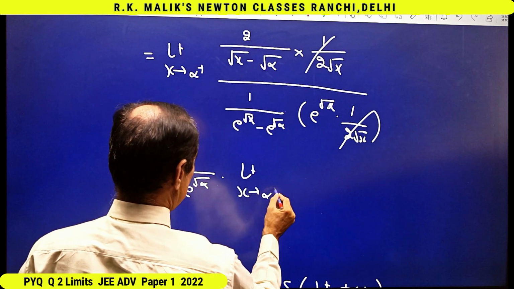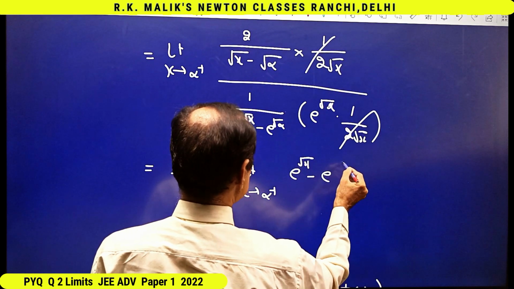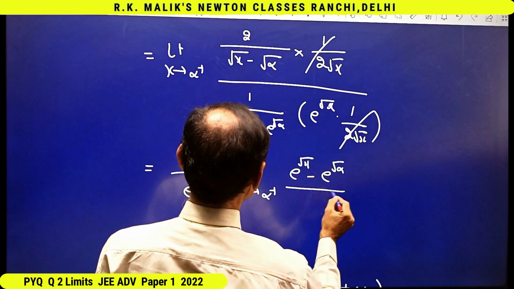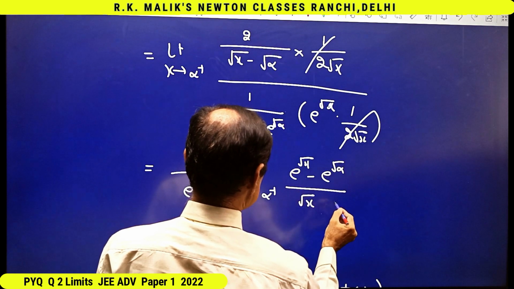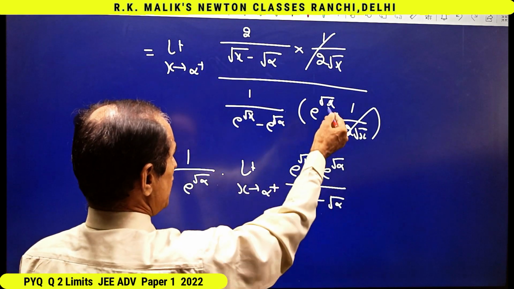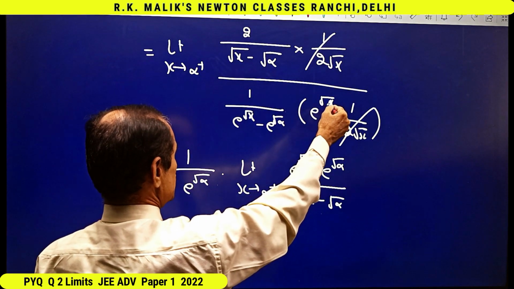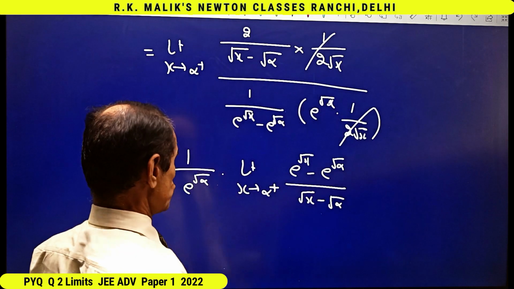x tends to alpha plus e to power root x minus e to power root alpha upon root x minus root alpha. Note that I have taken the limit of this part and this is e to power root alpha I have taken common.